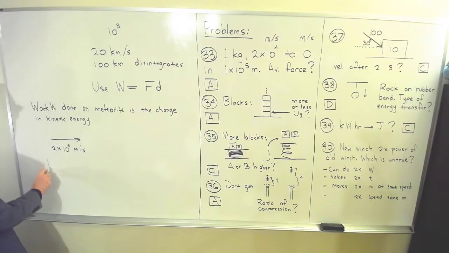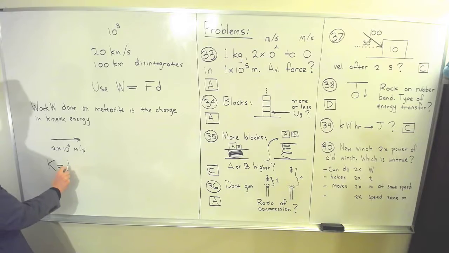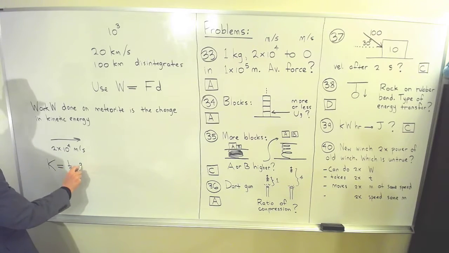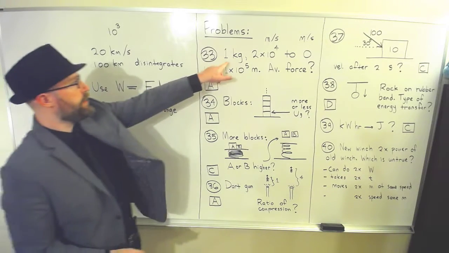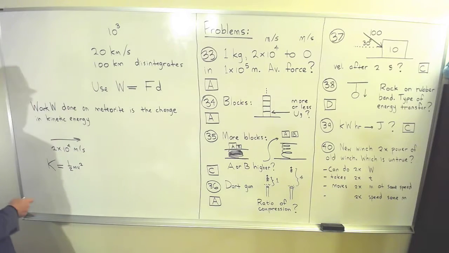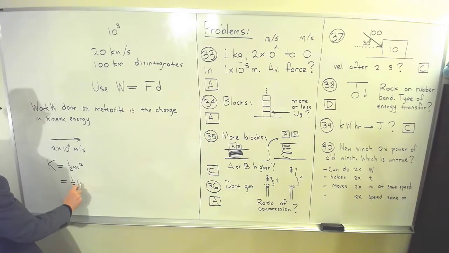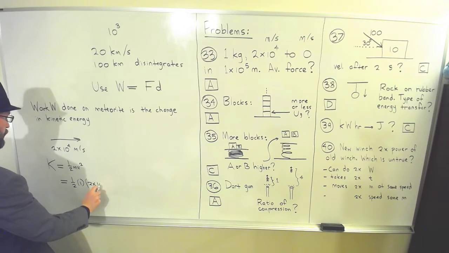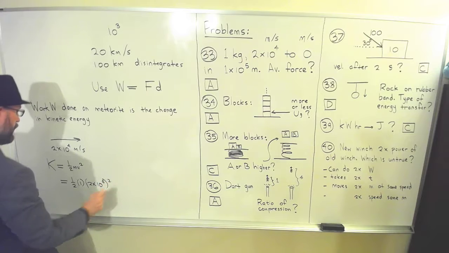The kinetic energy, remember, K is 1/2 mv squared. Now, the m is 1 kilogram. That's the first thing I wrote here. So that's going to be 1/2 times 1 times v, that's 2 times 10 to the 4th, squared.